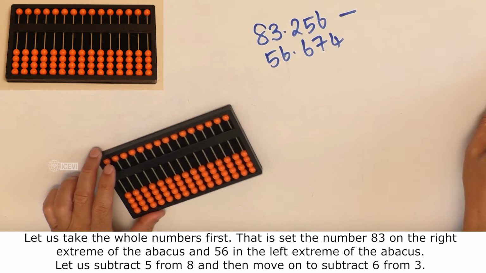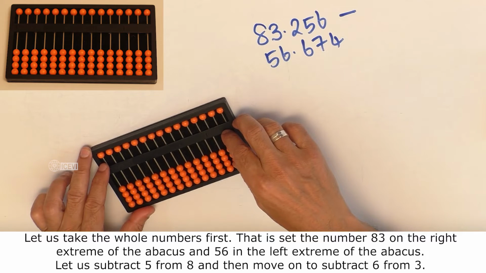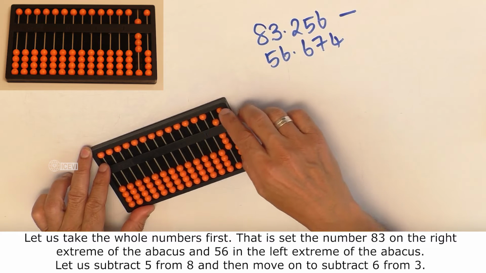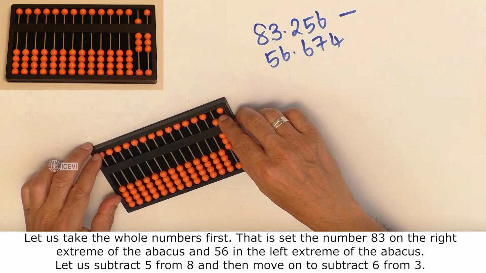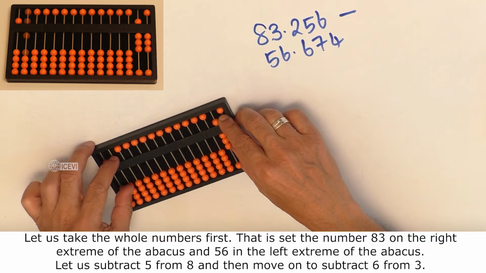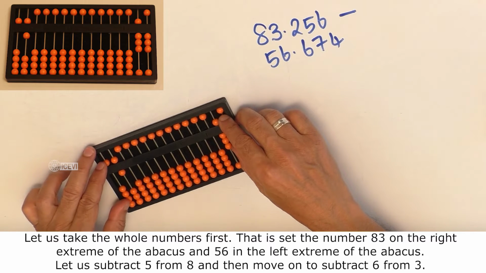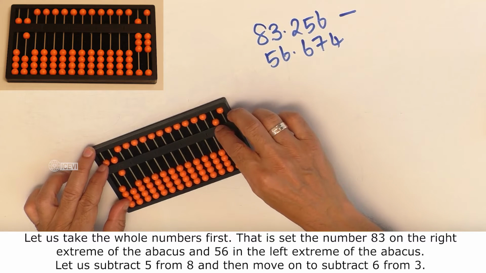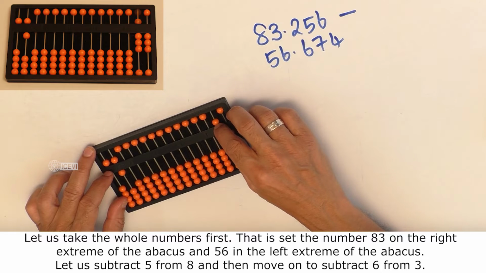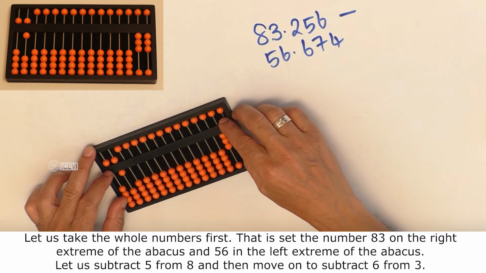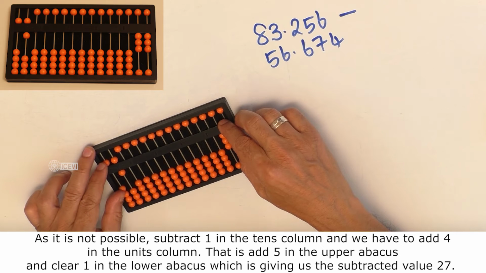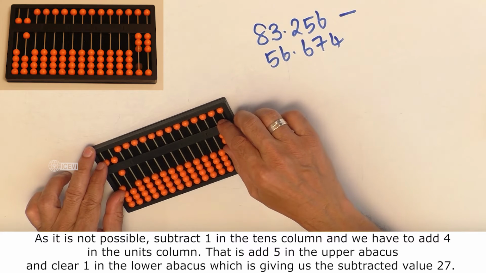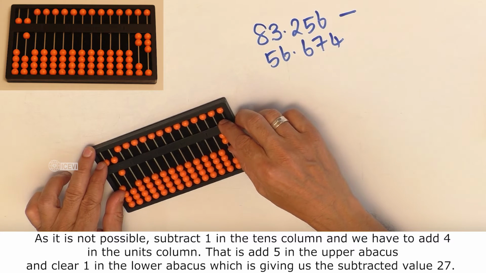That is, set 83 on the right extreme of the abacus and 56 in the left extreme of the abacus. Let us subtract 5 from 8. And then move on to subtract 6 from 3. As it is not possible, subtract 1 in the tens column and add 4 in the units column.